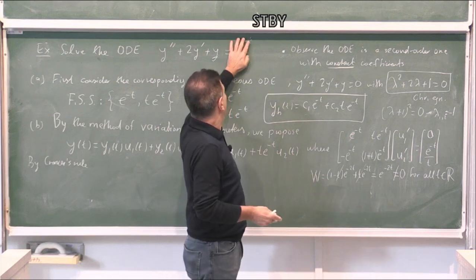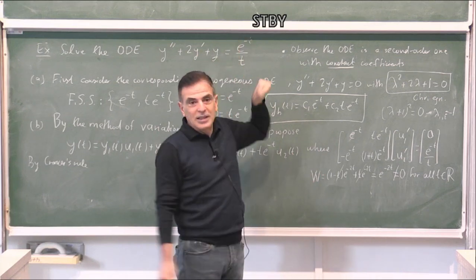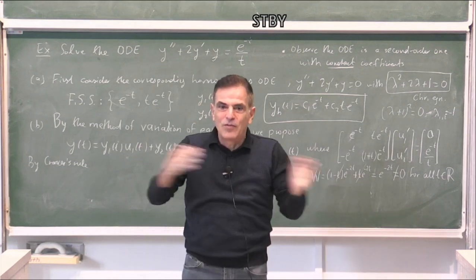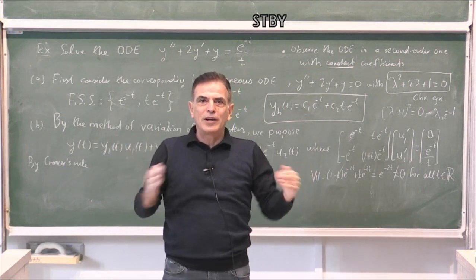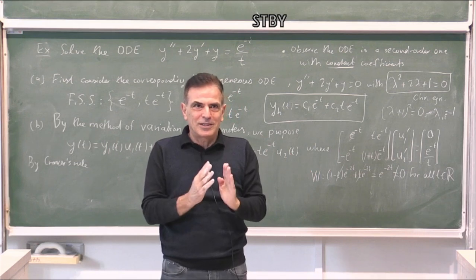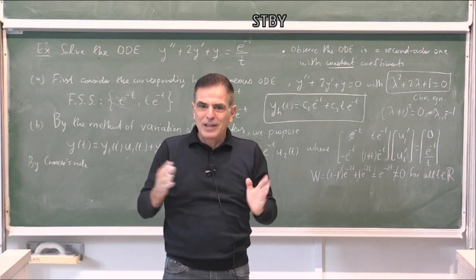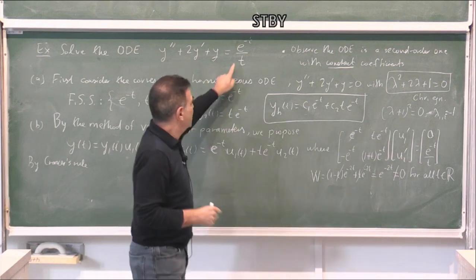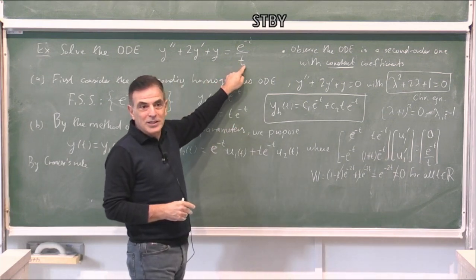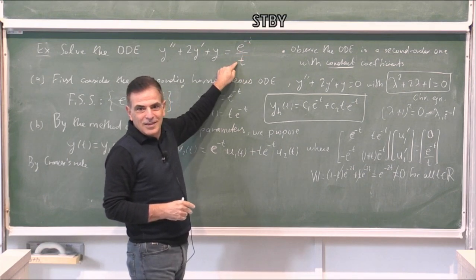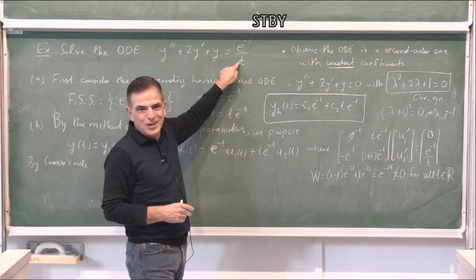Since the corresponding homogeneous equation is an equation with constant coefficients, and constants are defined and continuous everywhere, the existence uniqueness theorem tells us that for the homogeneous system, there exists a solution valid for all t. But the situation for the non-homogeneous equation is different, because the non-homogeneity term is undefined at t equal to 0.